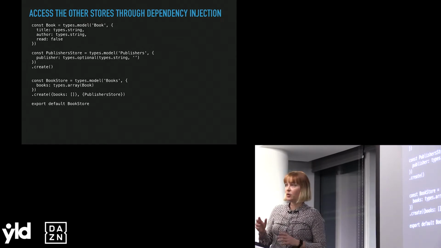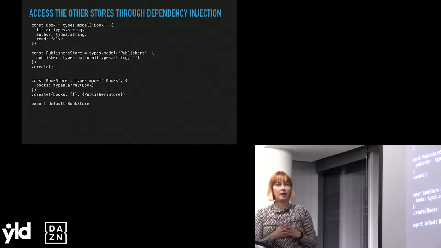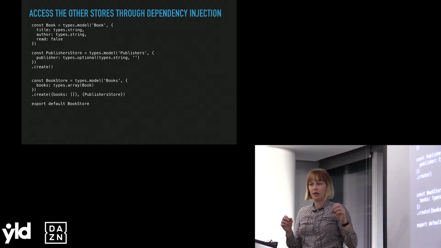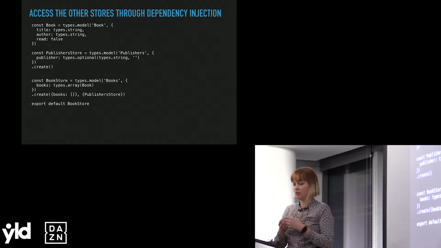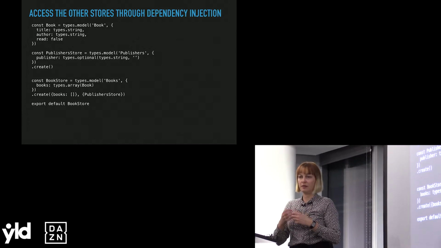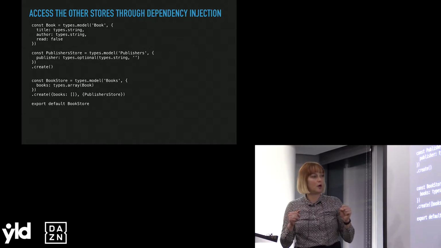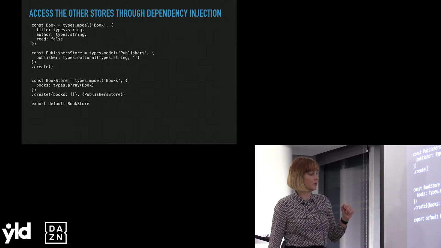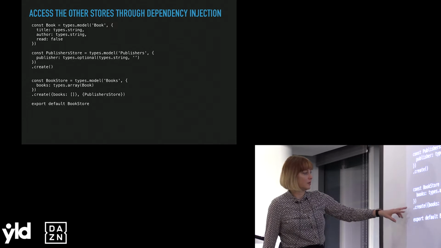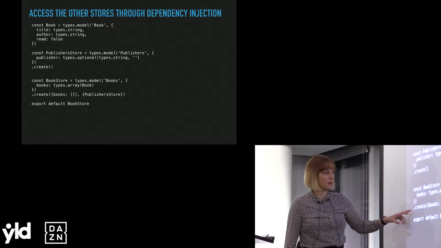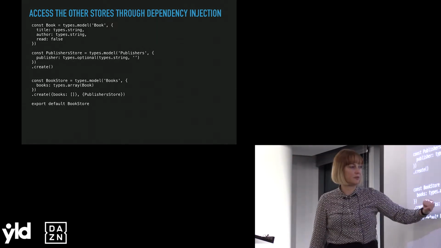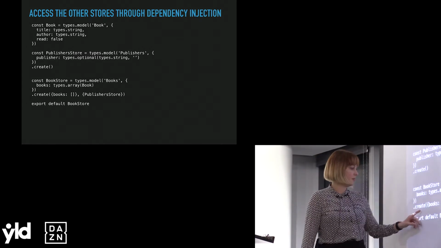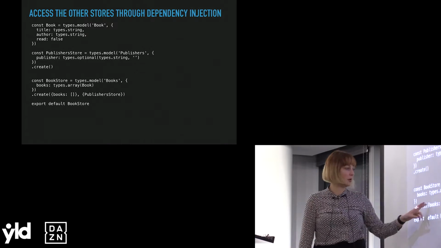So you might ask, okay, if we have these parallel separate stores, how do they communicate? Sometimes we have to communicate the data, right, if they are separate. There is something we can do during the creation of the store itself. We can actually inject another store into our original store.